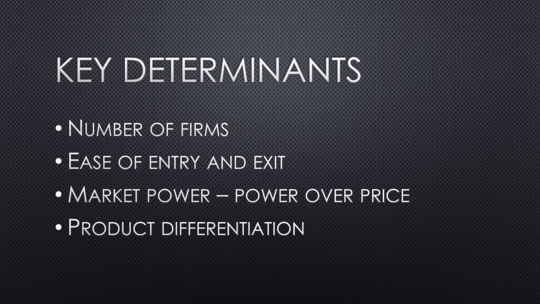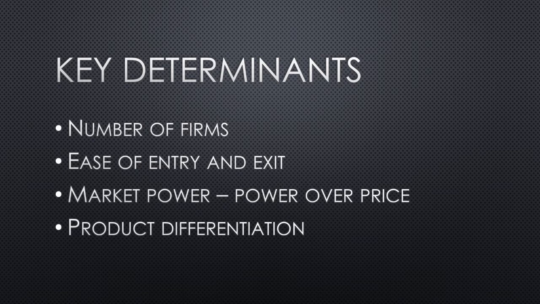So again, if I don't like the price you're charging me, I can go right down the street or maybe right around the corner and buy something that's almost exactly the same thing at a different price. So there's very little product differentiation in a competitive market. In a monopoly market, you might be the only one selling the thing that you're selling in the world. There may be nobody who sells exactly the same thing you do. So with monopoly, there tends to be a lot more product differentiation.